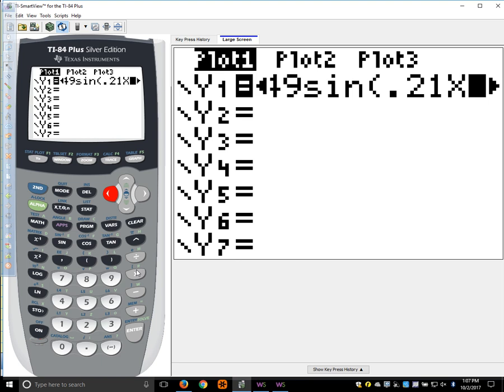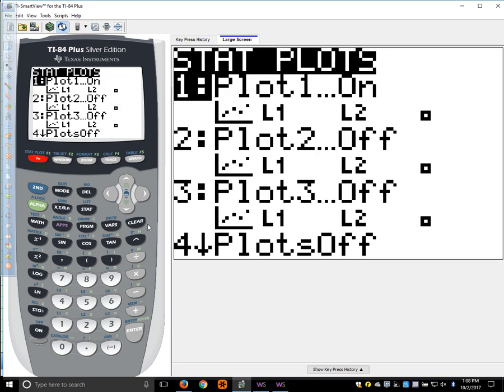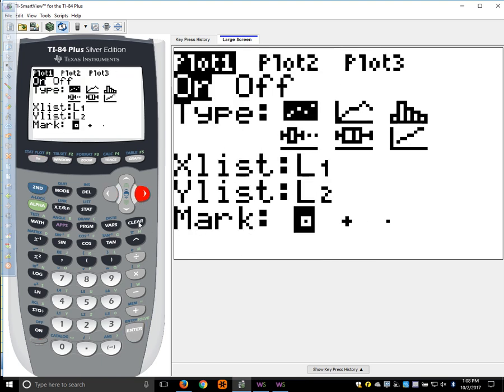And what you're going to want to do now before you graph something else, so those little data points don't show up on all your graphs, is go back to your stat plot and turn this off so you don't plot those points anymore.